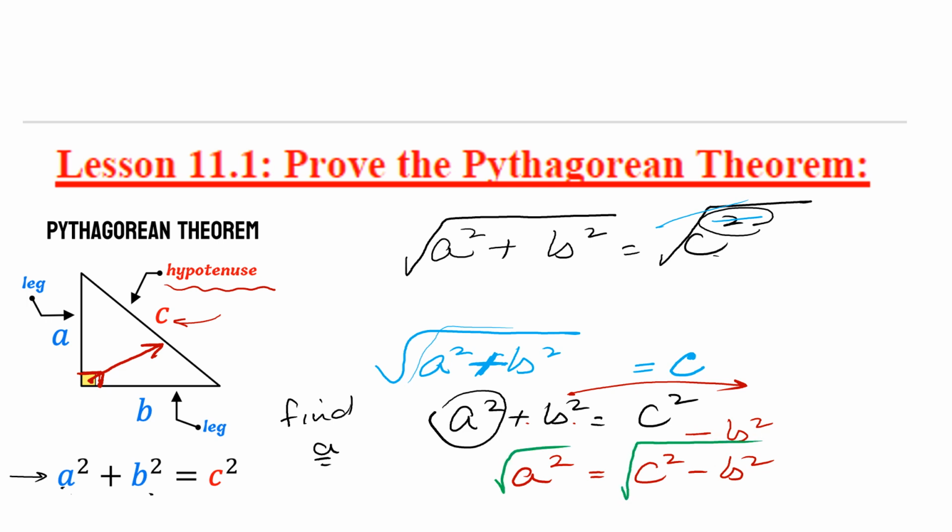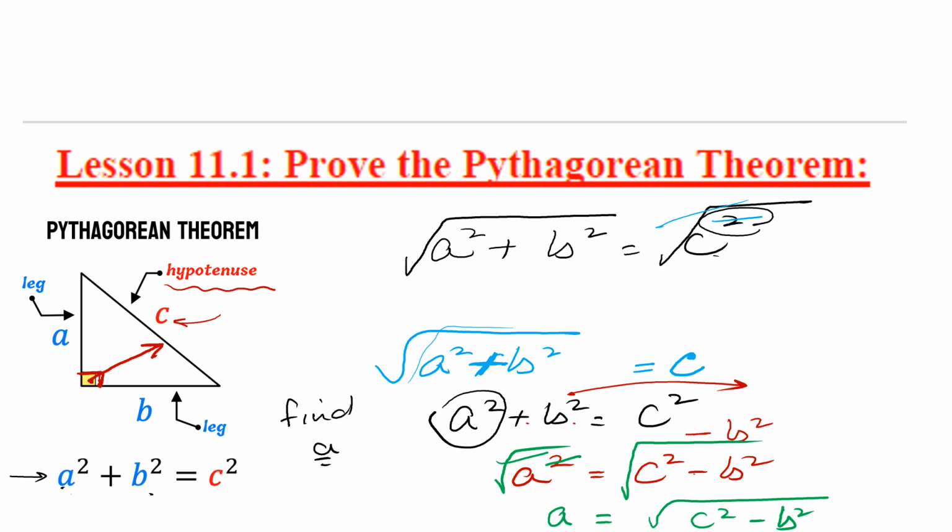Since a is single and not in the form of an equation, a square and the square root cancel. So what is left? A equals the square root of c square minus b square, and this stays as it is because of the negative sign. This is how we find the unknown sides.